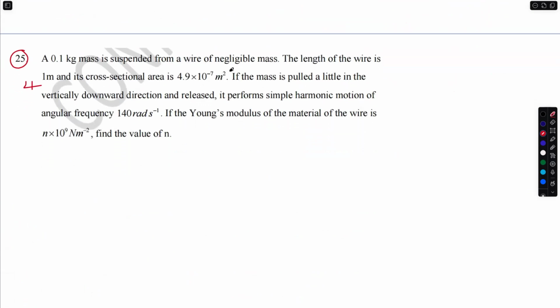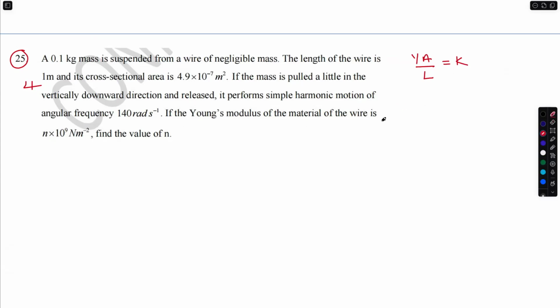A 0.1 kg mass is suspended from a wire of negligible mass. The length of the wire is given, cross-sectional area given. The mass is pulled a little vertically down and released. First of all, YA by L is the force constant of the string. You know this. I need to find Young's modulus.